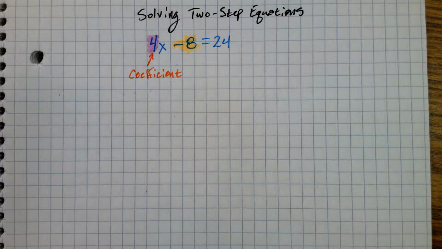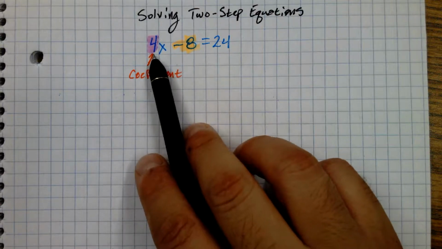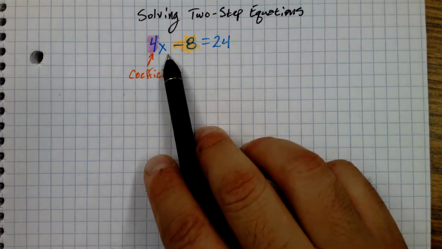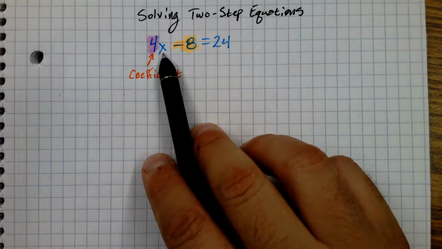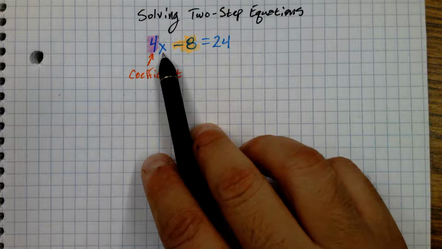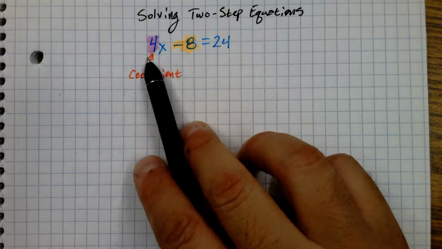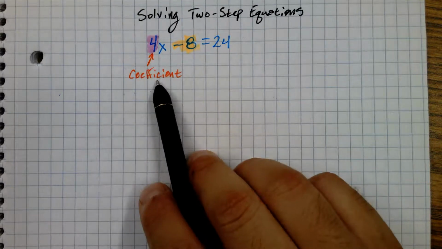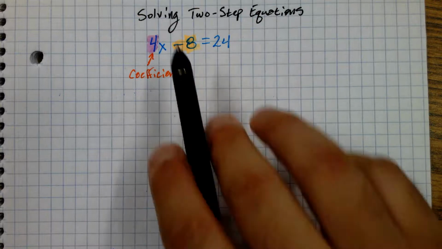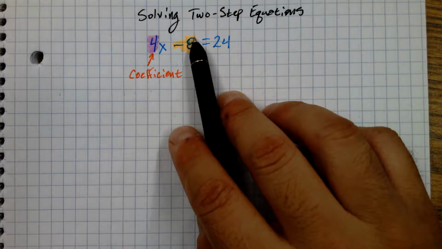And that number, you can always tell which one is a coefficient because it's either multiplied or divided with the variable. So you're always going to look to the letter, the variable. Okay, which number is associated with that? In this case, it's 4. It's either next to it, meaning multiplied, or underneath with a fraction bar, meaning divided. That's a coefficient.